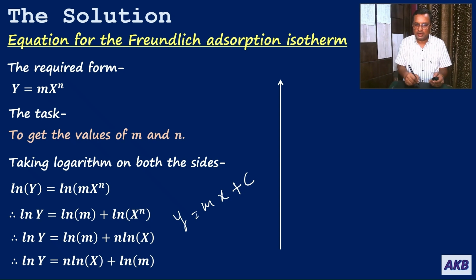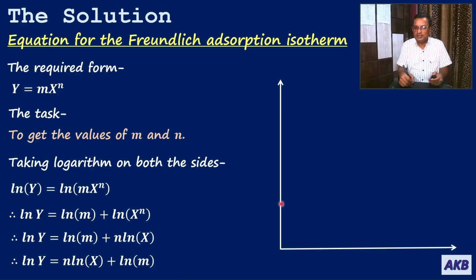So in this case, y is ln of y, the slope is n, and the intercept is ln of m. So that means we can get the values of n and m if you plot this graph. Which graph?